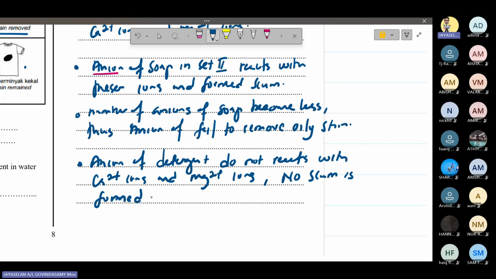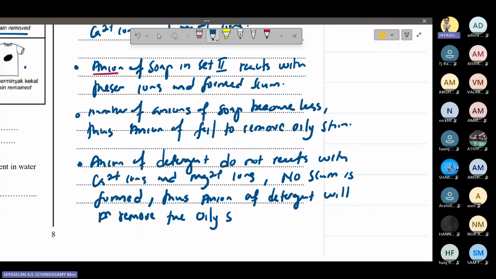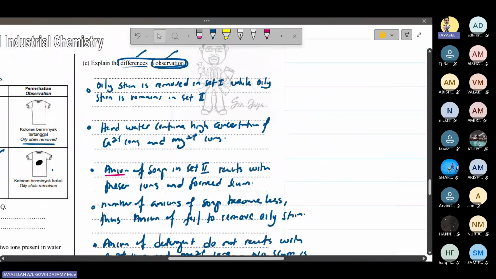Then you put here thus anion of detergent will remove the oily stain effectively. Any question? Very simple answer. Now I give you time to copy.